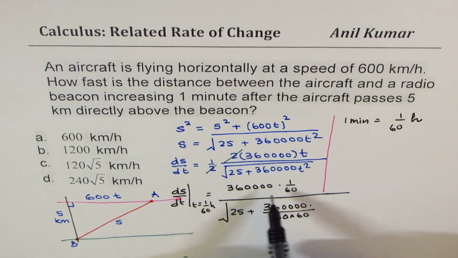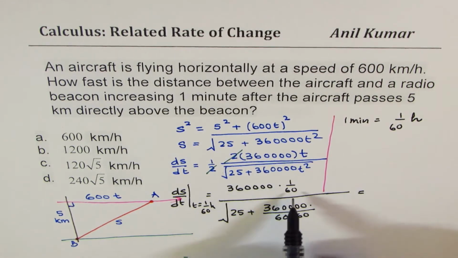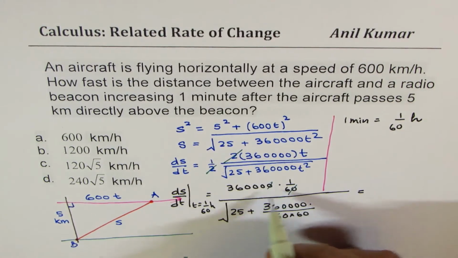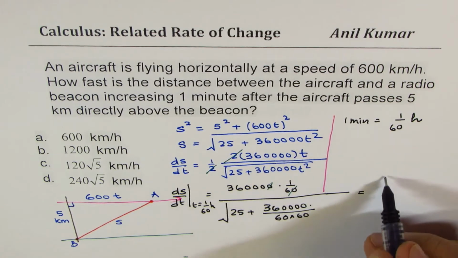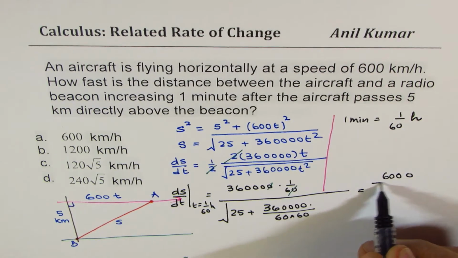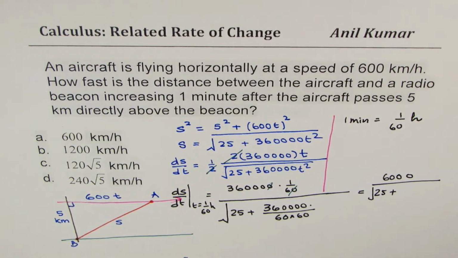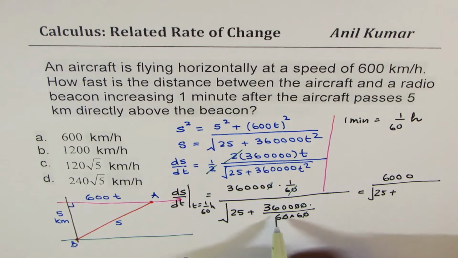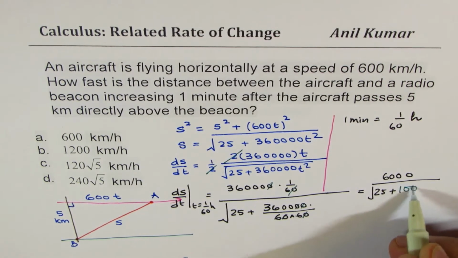Now we can use a calculator to simplify and get the answer. So 6,000 in the numerator, divided by the square root of 25 plus 100.